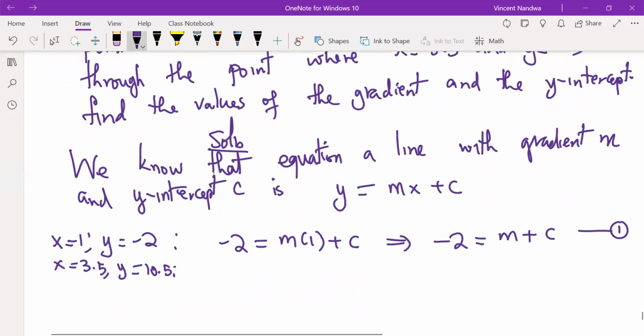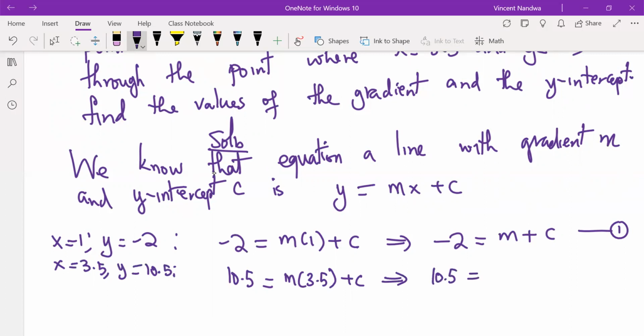So in this standard equation of a line y equals to mx plus c, where there's y we put 10.5, where there's x we put 3.5, then plus c, which will give us 10.5 equals to 3.5 m plus c. Call this one equation 2.